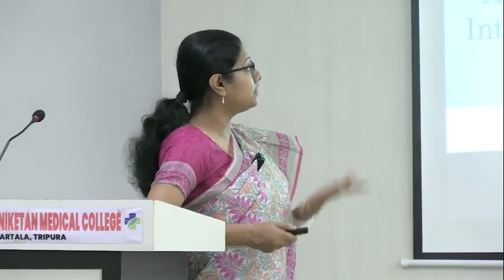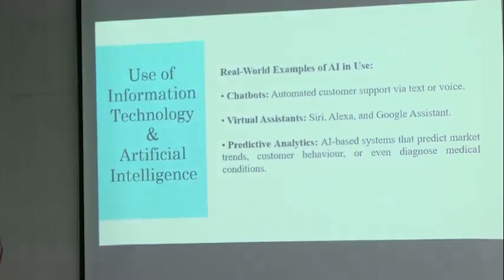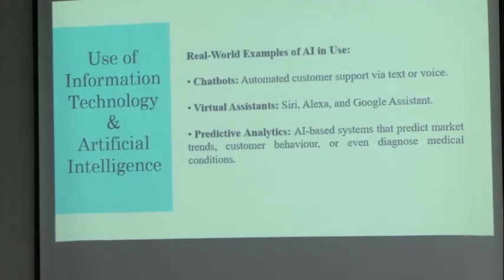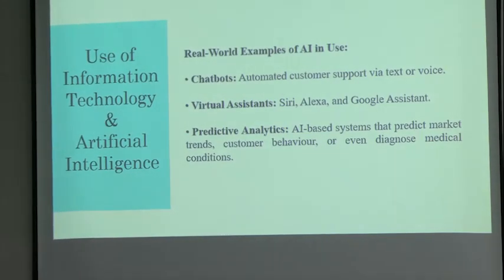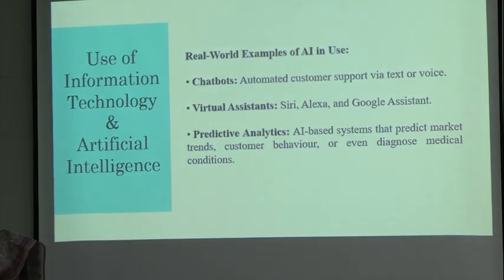Now, some real world examples of artificial intelligence which we use in our day-to-day practice. One is chatbots, that is automated customer support via text or voice. Many a time we see that whenever we put in one message, at the same time we get a reply.